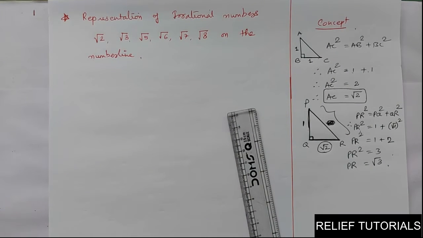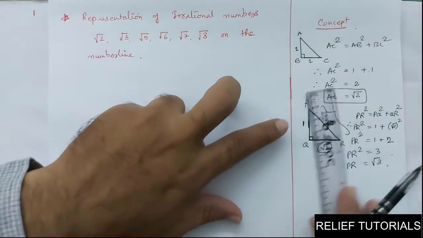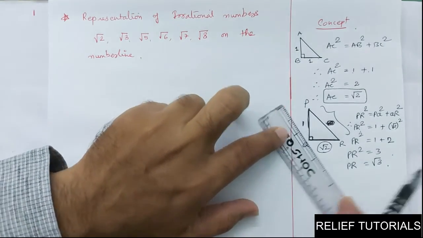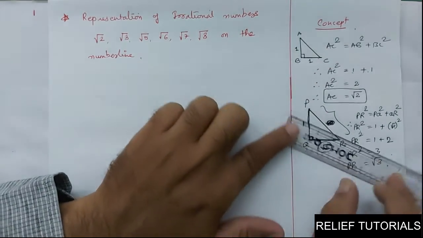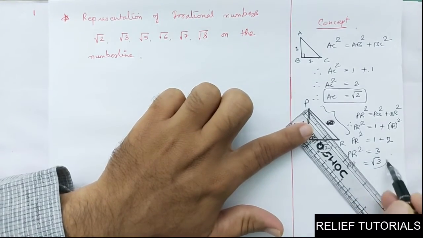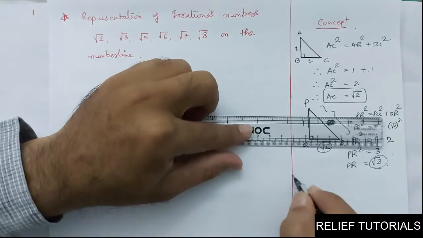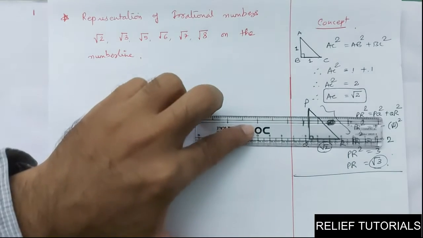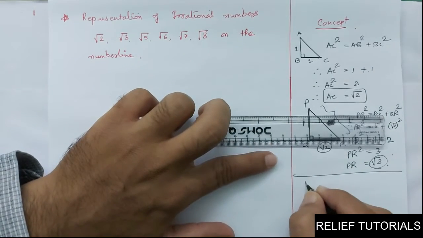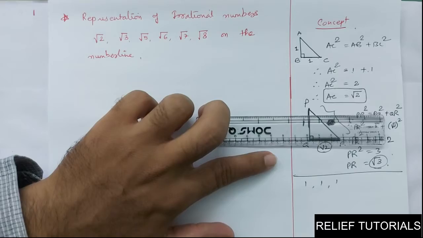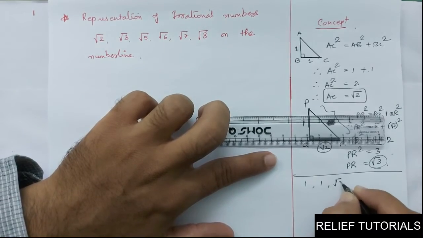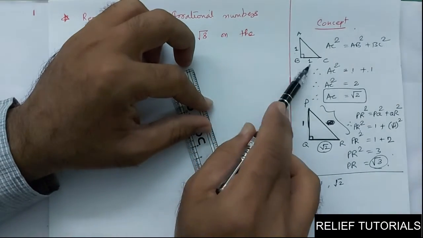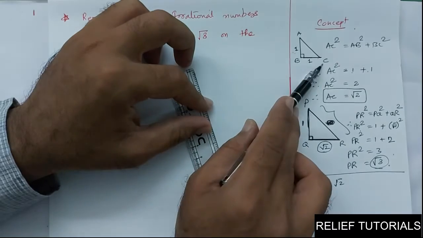So if this length PQ is 1 and this QR length is root 2, then PR length would be root 3. So the Pythagoras triplets are like this: 1, 1, root 2. If the two sides forming the right angle are 1 and 1, then the hypotenuse will be root 2.